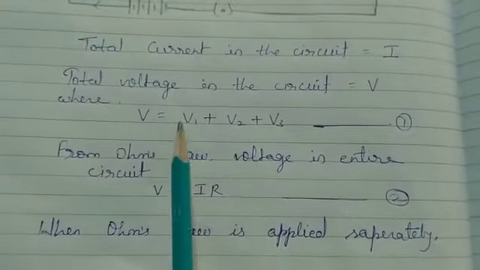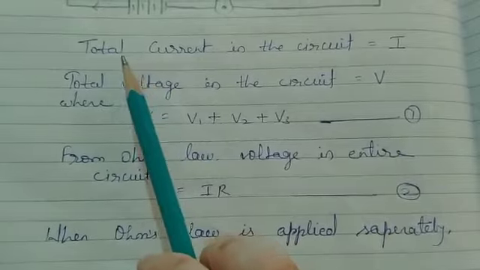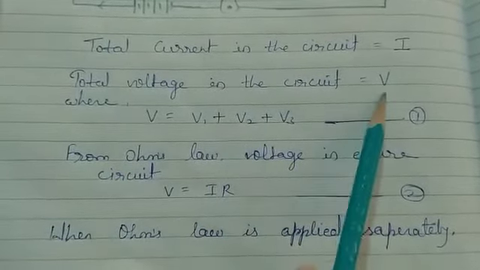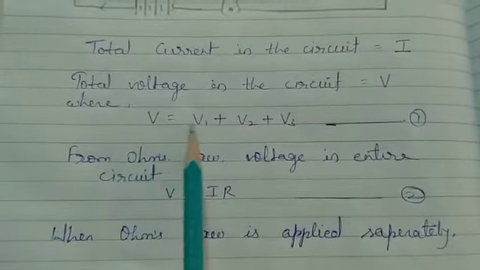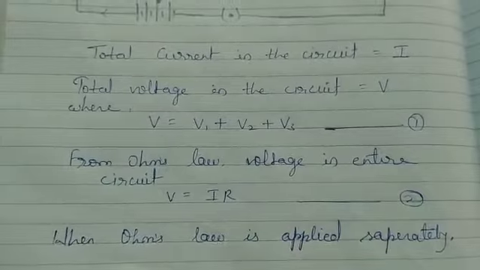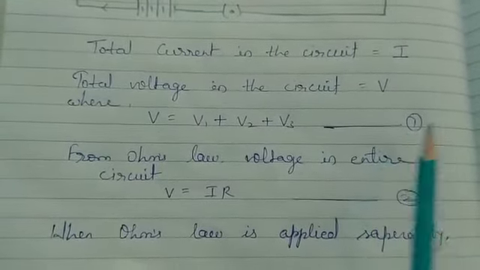Now let's derive the total resistance in the series combination. The total current in the circuit is I, and the total voltage in the circuit is V, where V equals V1 plus V2 plus V3, because the total voltage is split among three resistors. Give it equation number 1.